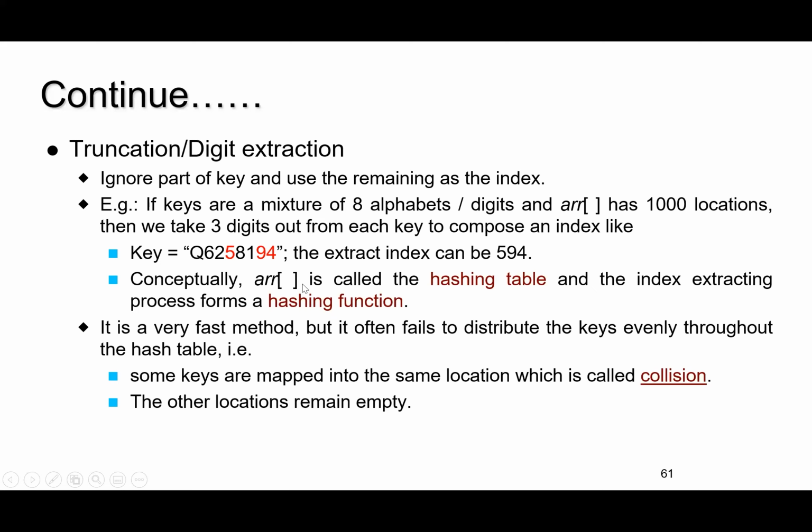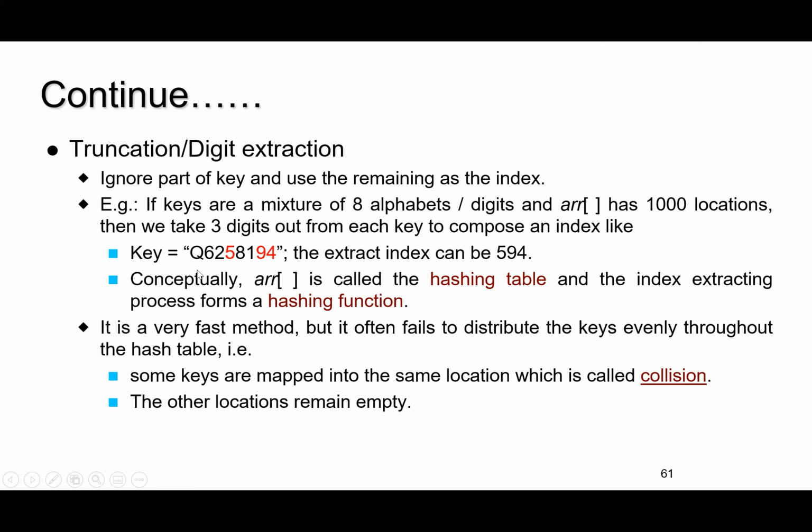Because you don't need to really compute anything. You just take the digits from a certain location in your key as the index, and then you get your index. Even though it's fast, it fails to distribute the keys evenly throughout the hash table.